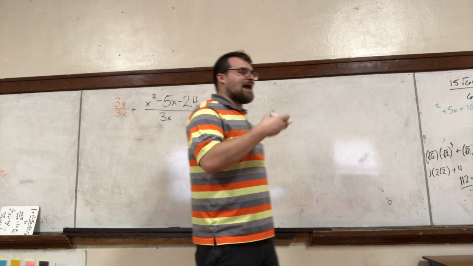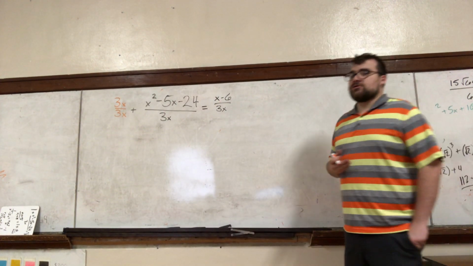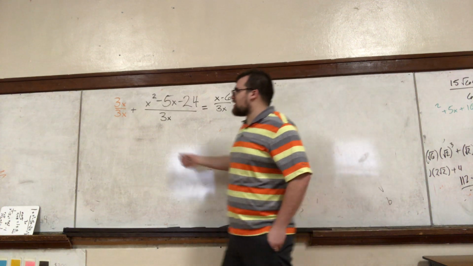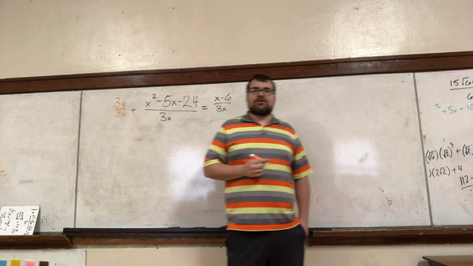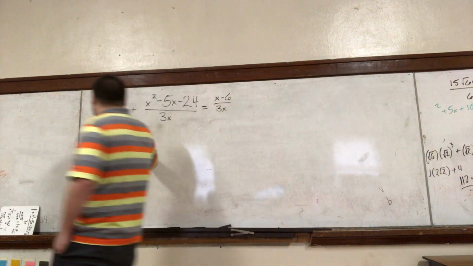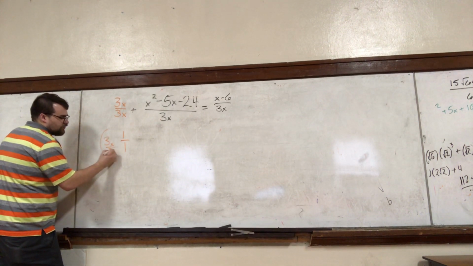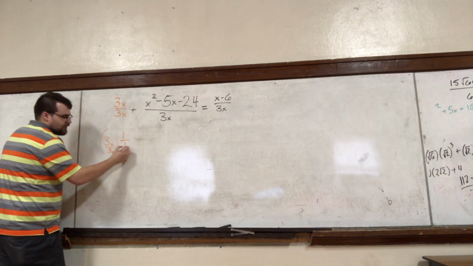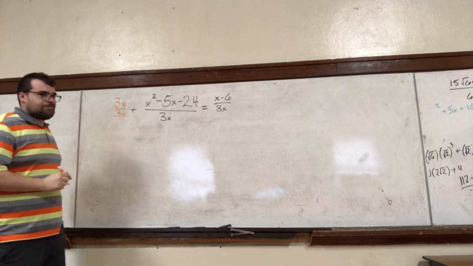If we see a 1, we can write it as this denominator over itself. That's a shortcut, because if we did multiply it by 3x, it would still be 1 over 1 times 3x over 3x, right? So 3x, 3x, same thing. This is just kind of a shortcut.